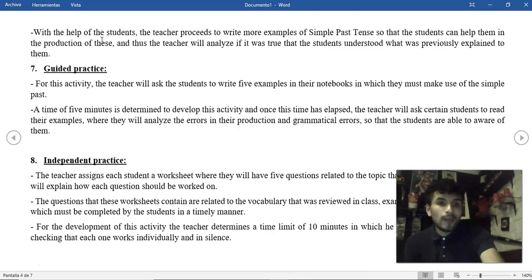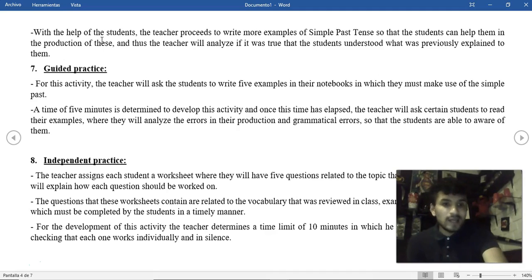A time of 5 minutes is determined to develop this activity, and once this time has elapsed, the teacher will ask certain students to read their examples. Randomly, students are giving me their examples. I'm going to review whether the examples they give me are correct, or if they are incorrect, I'm going to correct them.